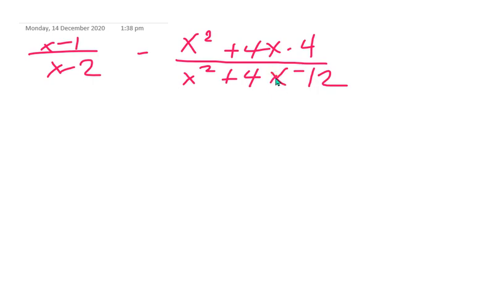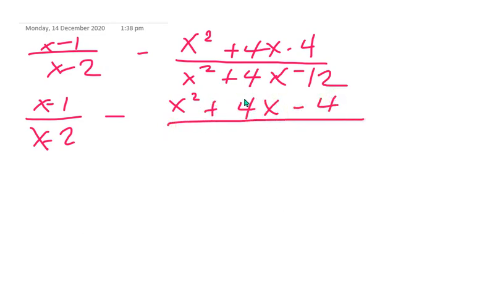Okay. Since the denominator is not the same, we are going to factor in order for us to get the LCD. So we just copy here, minus. So we will just copy the numerator.